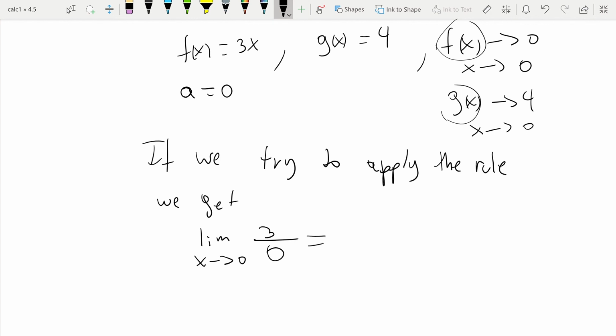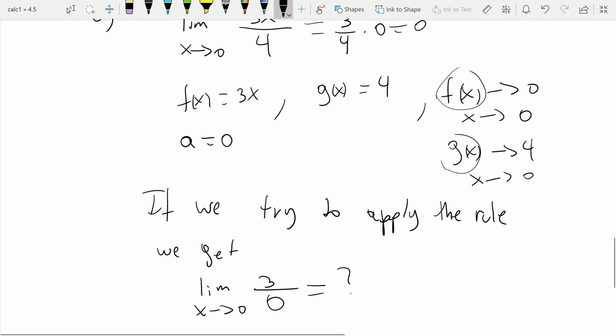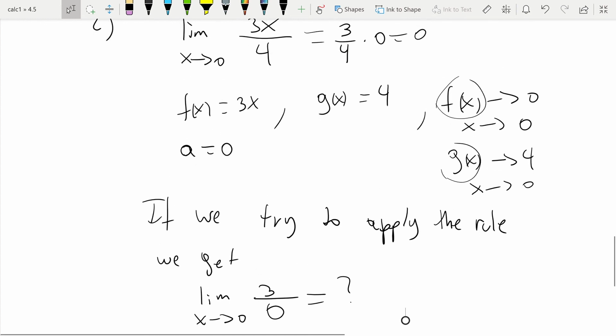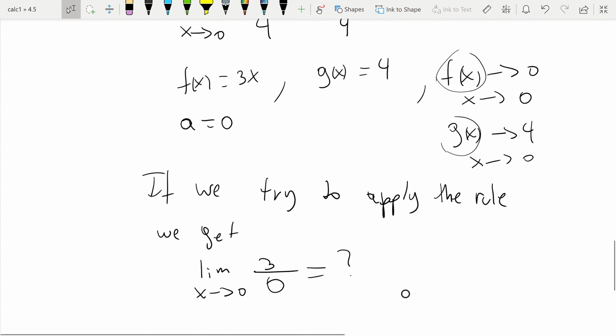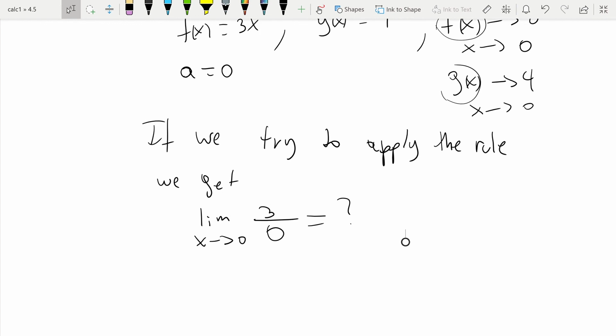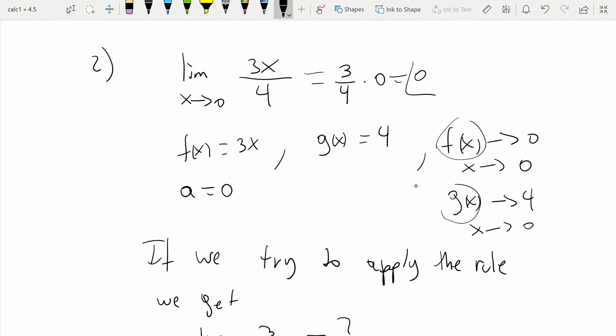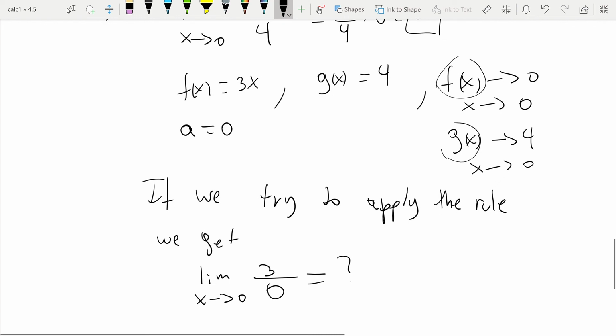And that's not even defined. This is not plus infinity, just in case, because the derivative of the denominator is effectively equal to 0. Okay, so the rule doesn't apply here. So it's very important to check. We already know the limit is equal to 0. We can compute it directly.